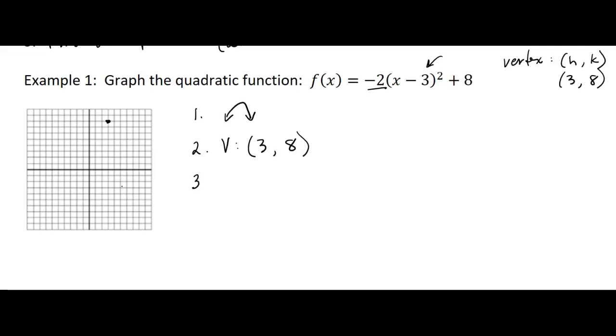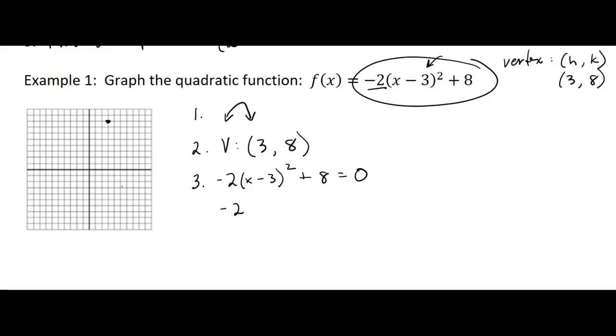Step 3. We're supposed to find the x-intercepts. Well, how do we do that? We set the function equal to 0. So -2 times x minus 3 squared plus 8 equals 0. Subtract the 8. We're not going to multiply everything out. We're going to do this the easier route. Divide by -2. Whoops, I already divided by -2.